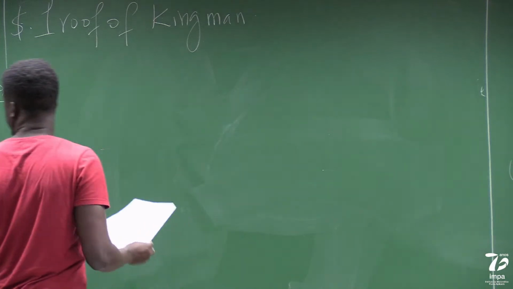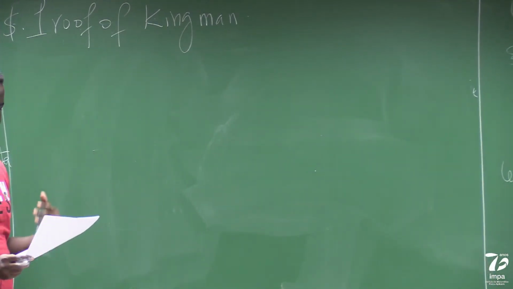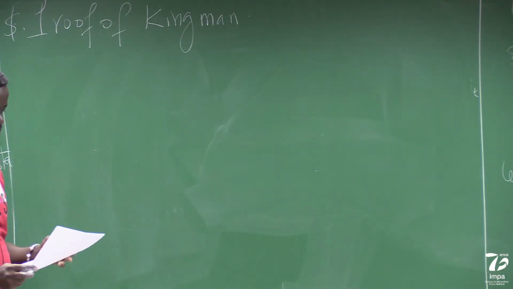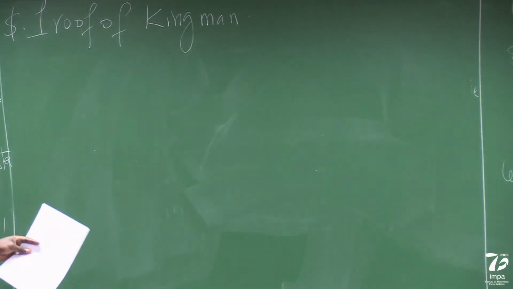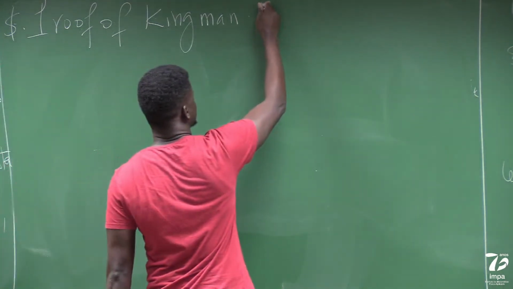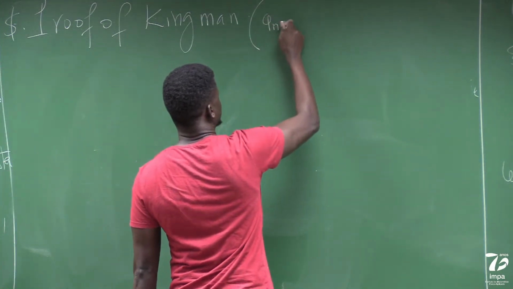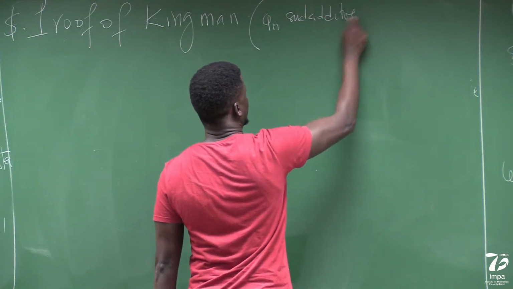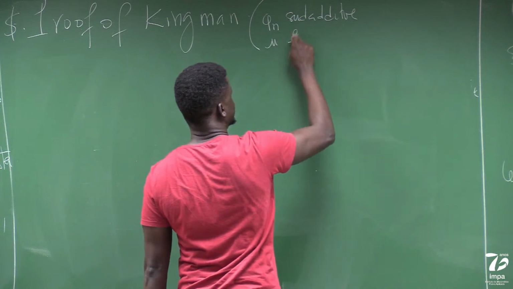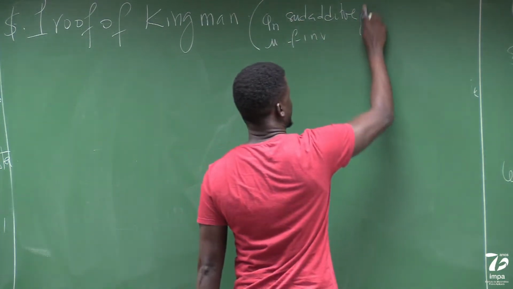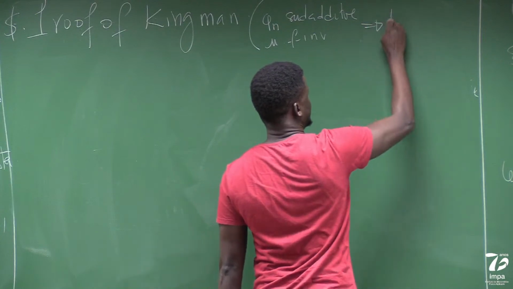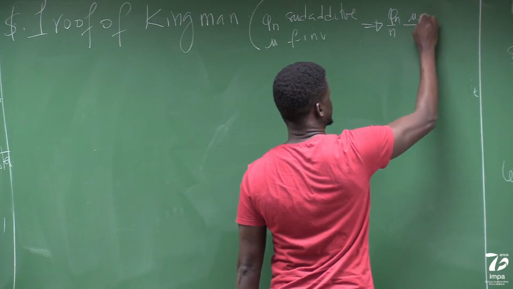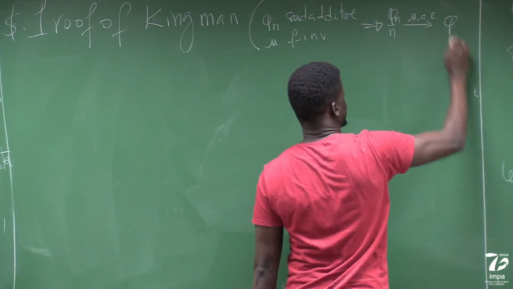Kingman is just to use sub-additivity and invariance to have the convergence. Okay, so recall that this was Kingman: V_n sub-additive and mu f-invariant implies that V_n over n is converging mu almost everywhere to some function.